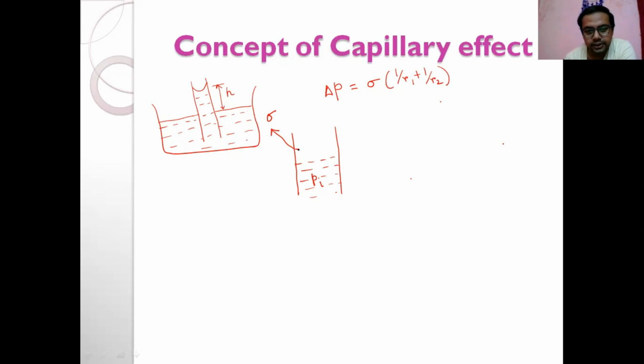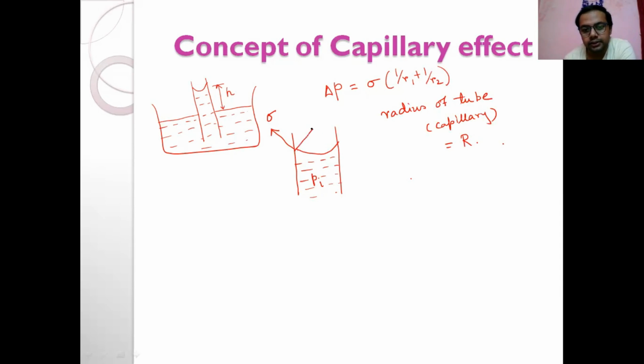So your surface is like this. The radius of the tube, better to say the capillary tube, is R. R is the radius.